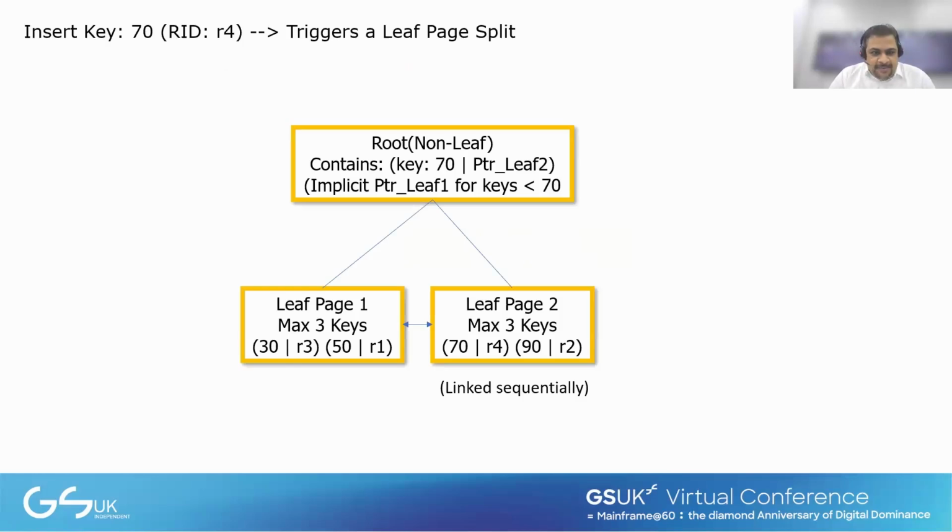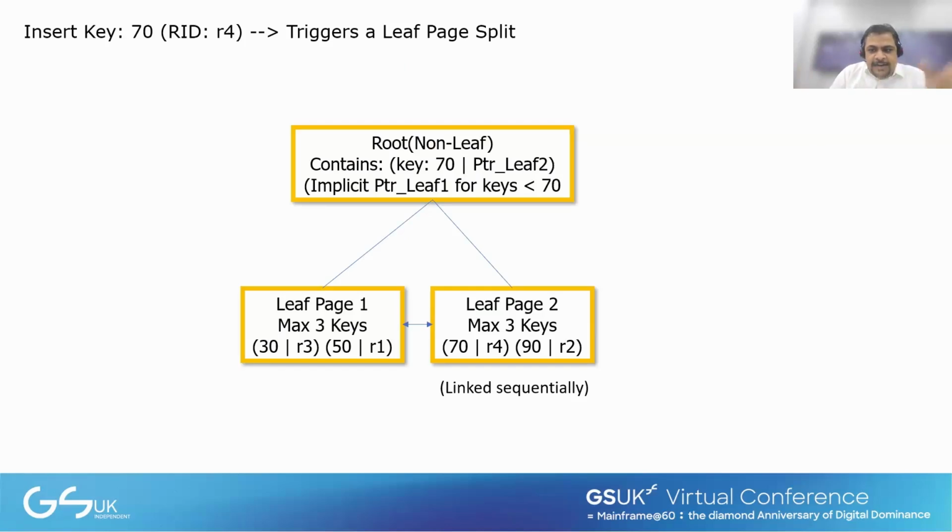Now the split will happen. The combined sorted keys, 30, 50, 70 and 90, can be divided in half: 30 and 50 in one group and 70 and 90 in another.